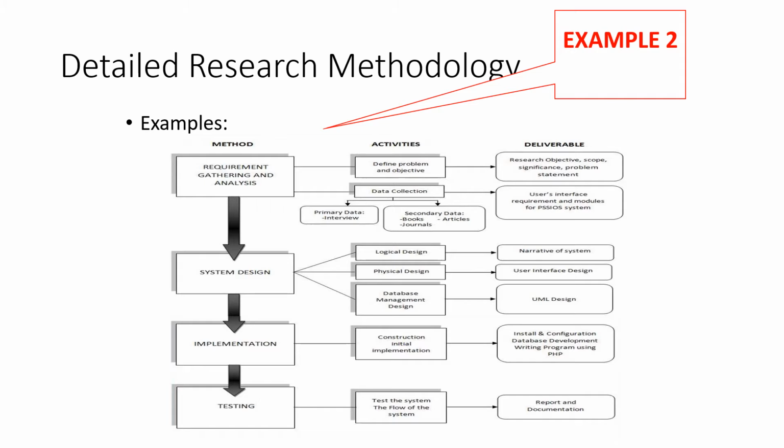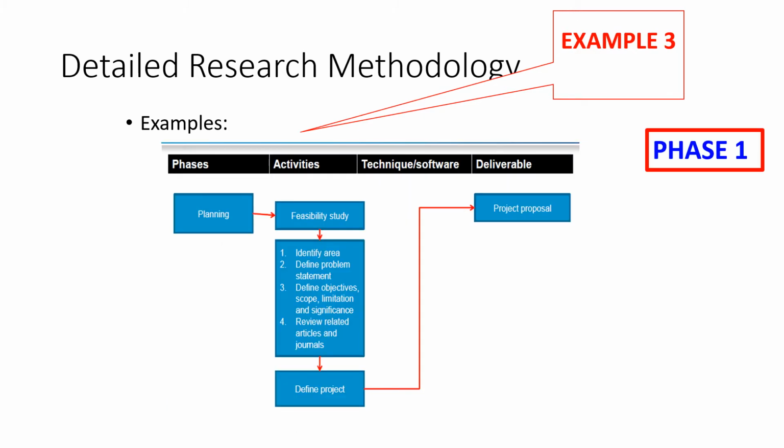Okay, so these are examples of how to convert the SDLC into the research framework or research methodology: method, activities, and deliverables. I will give you the slides and you may read them later. This slide shows the detailed activities in each phase.